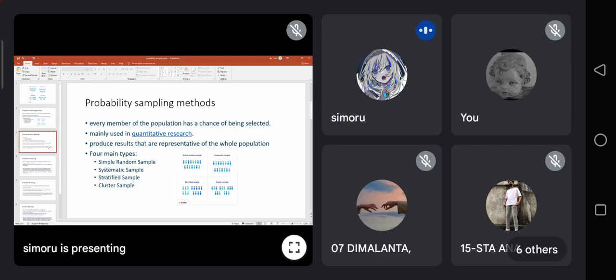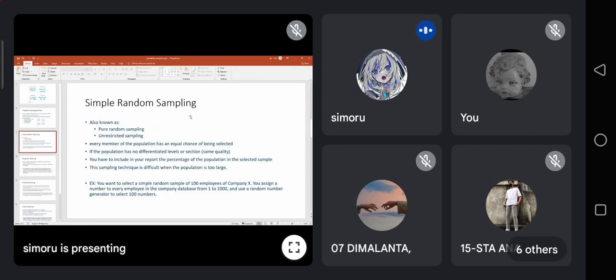Moving on to simple random sampling, there are two other terms to describe it. It's also known as pure random sampling and unrestricted sampling. For this, every member of the population has an equal chance of being selected.